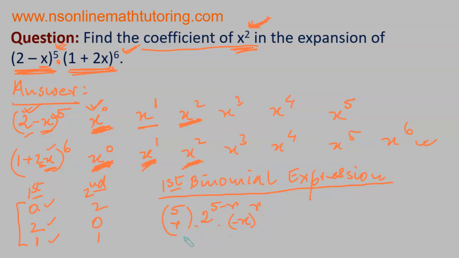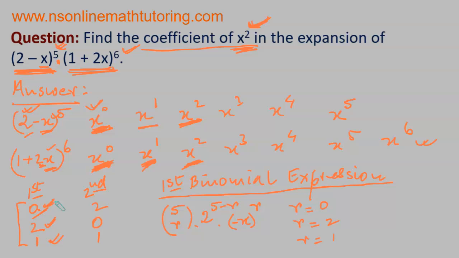When the power of x is equal to 0, r will be equal to 0. When x is having a power of 2, r will be equal to 2. And when x is having a power of 1, r is equal to 1. So these are the three values of r that we have got.